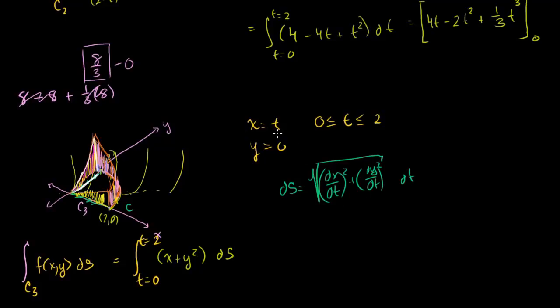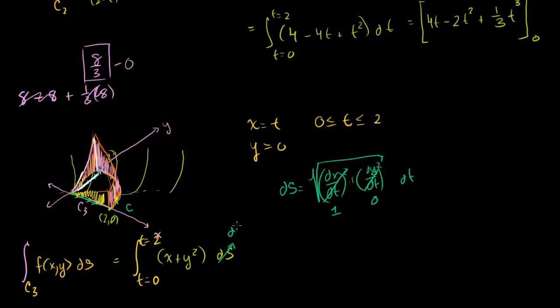And what's the derivative of x with respect to t? Well, that's just 1. 1 squared, same thing. And the derivative of y with respect to t is 0. 1 plus 0 is 1. Square root of 1 is 1. So ds is going to be equal to dt in this case.